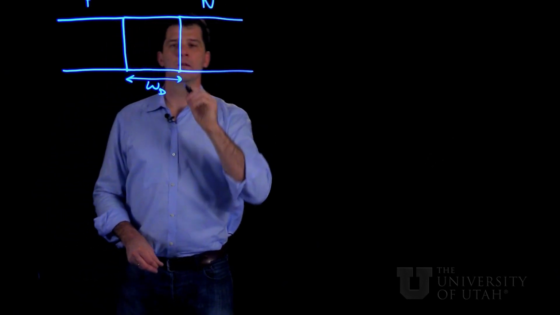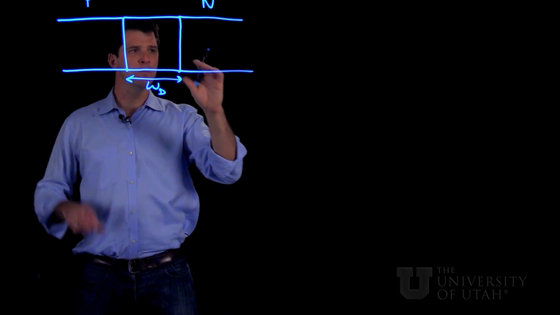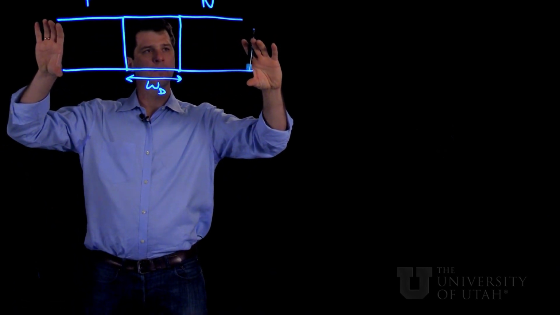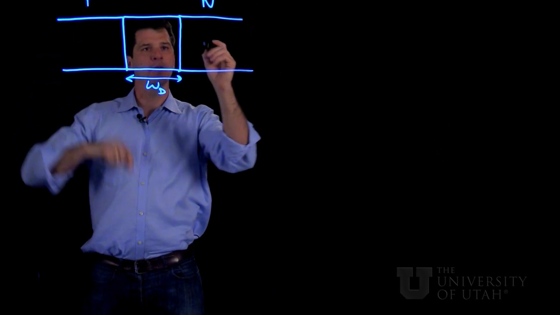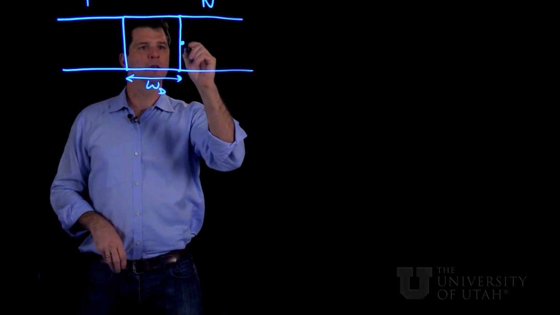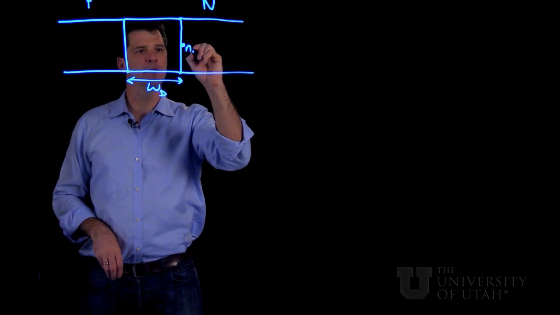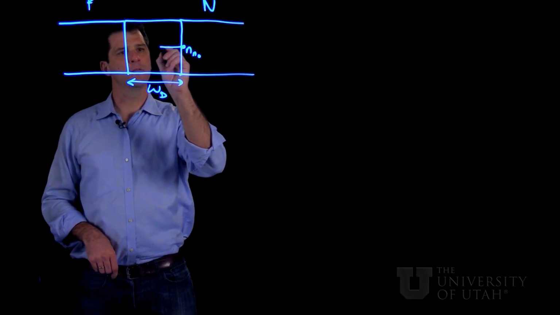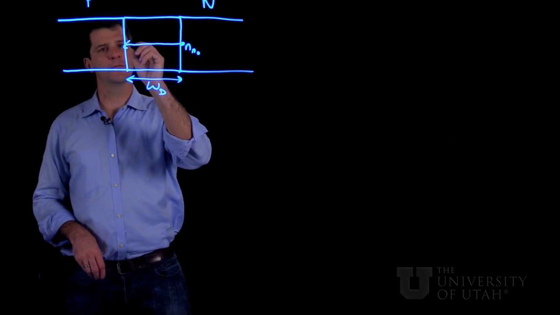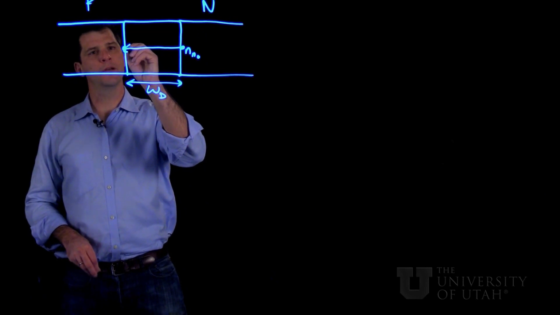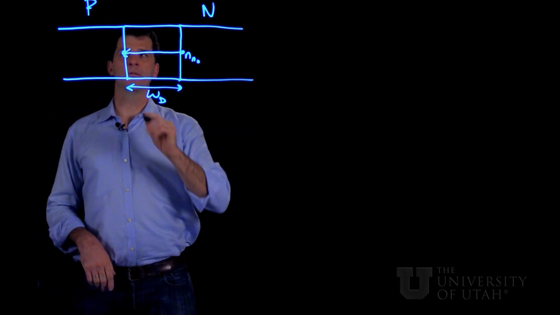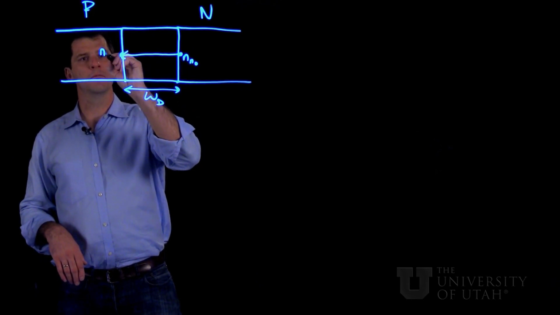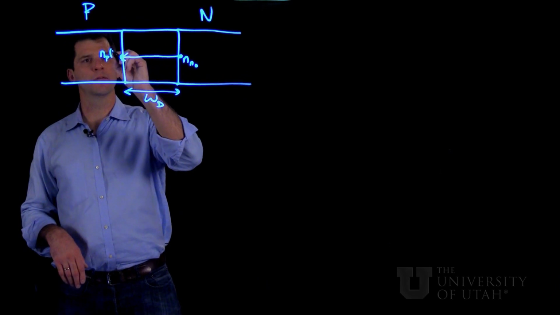And remember that if we put forward bias on this, we raise up the energy levels of this side, and we launch some majority electrons from this side, which travel by diffusion through the depletion width and arrive at the edge of the depletion width on the p-type side, where they become minority injected carriers.